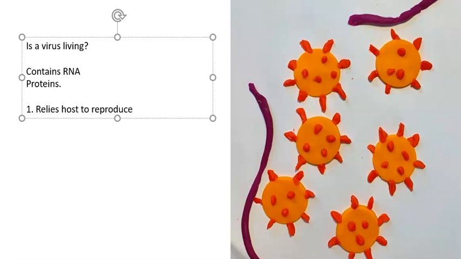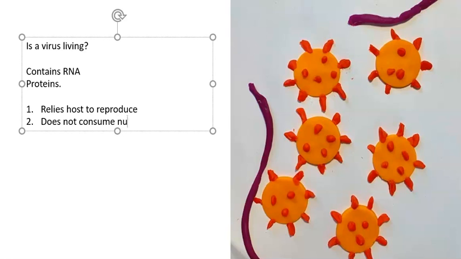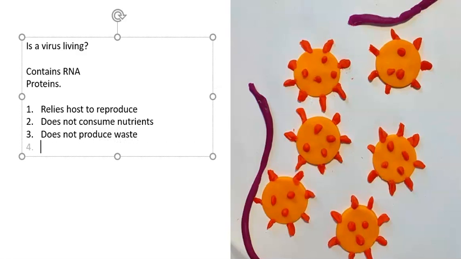The second thing is it does not consume nutrients. It does not produce waste. It does not exchange gases, etc., etc. So yes, it can reproduce, but it needs a host.